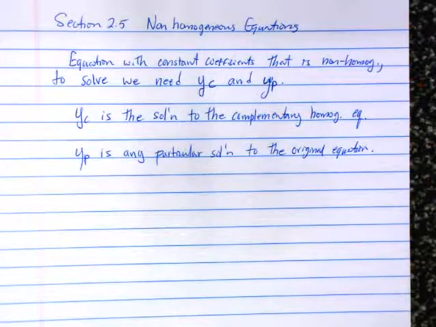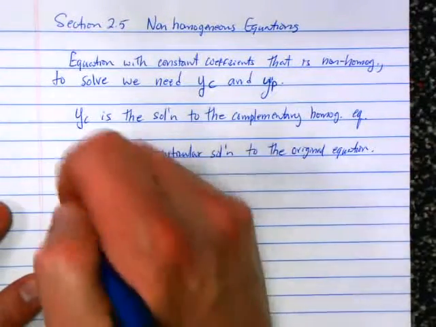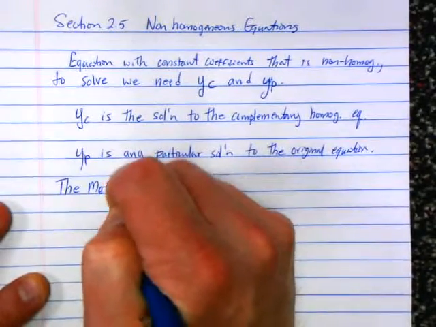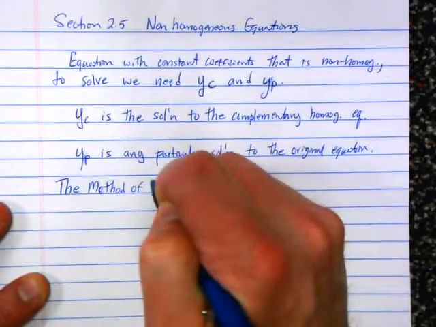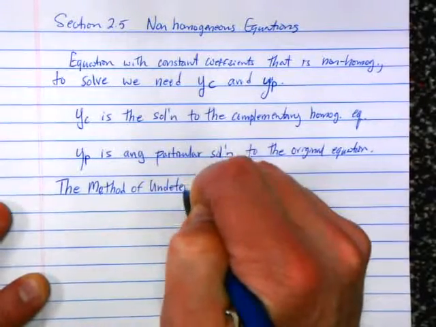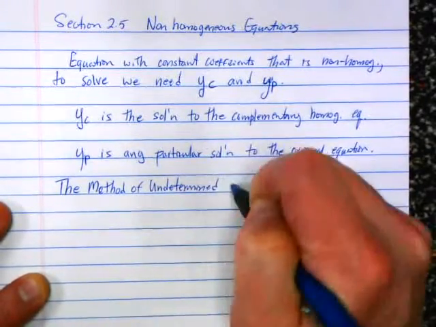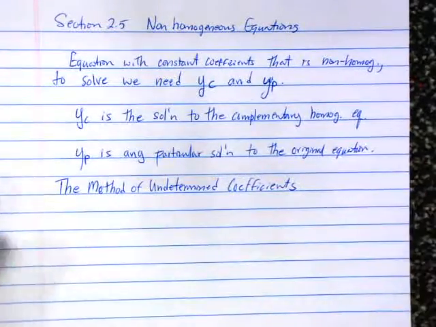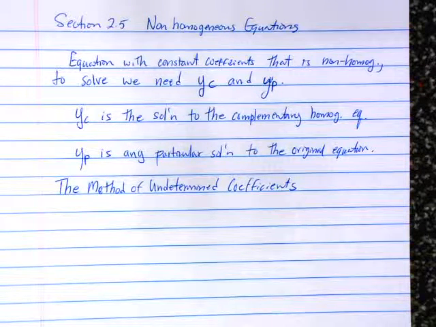What we're going to do, we're going to use a method called the method of undetermined coefficients. Which is a very nice name. It sounds a heck of a lot better than guess and hope that it works.